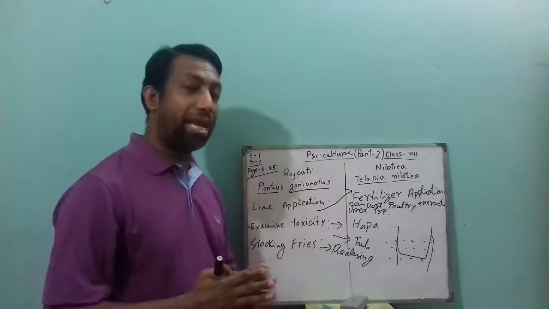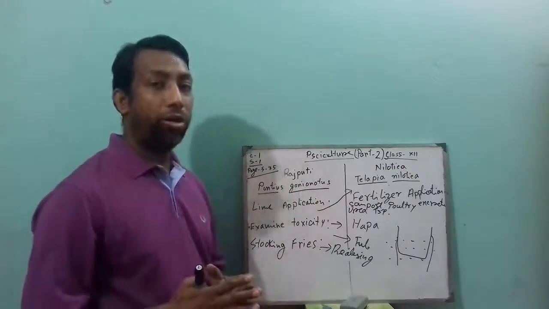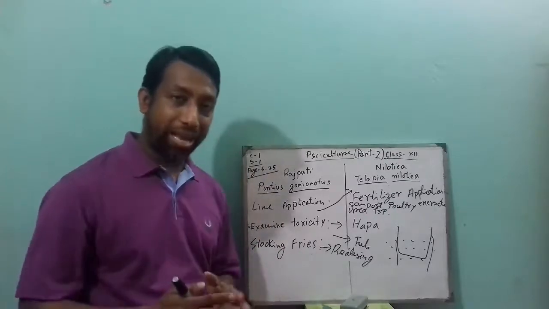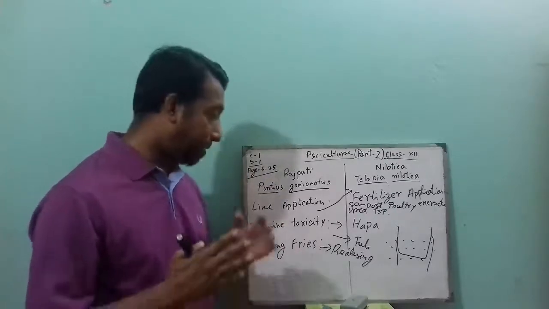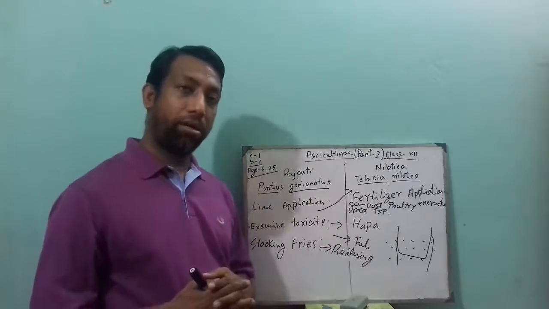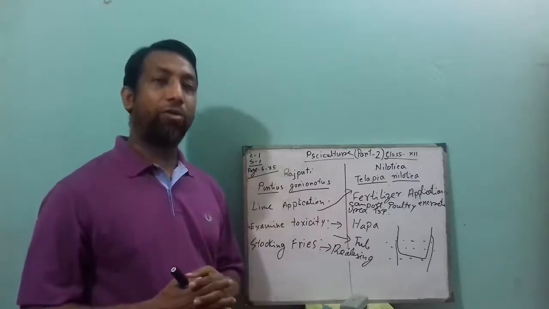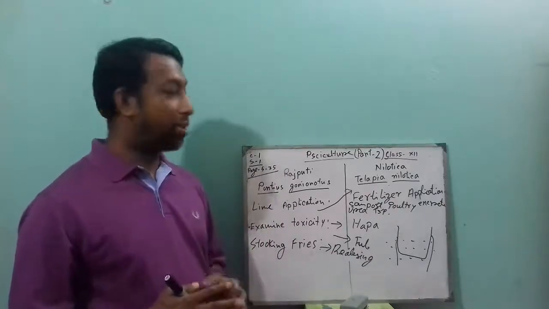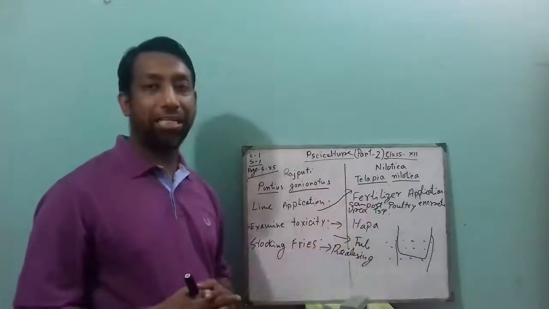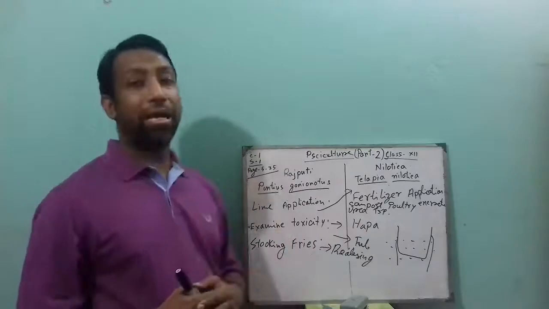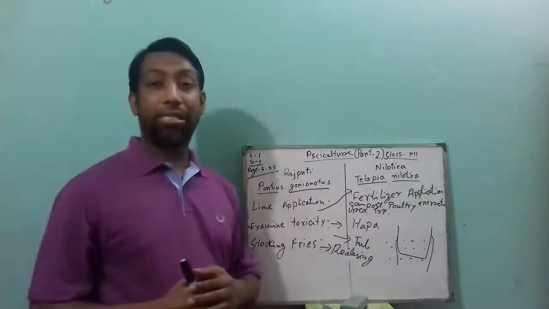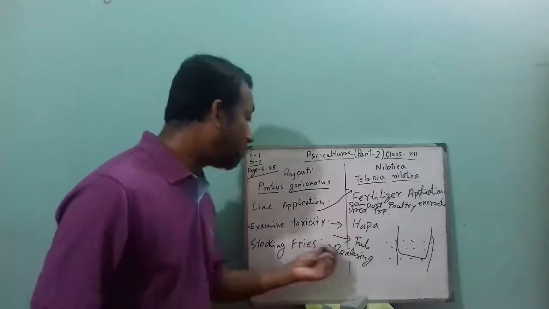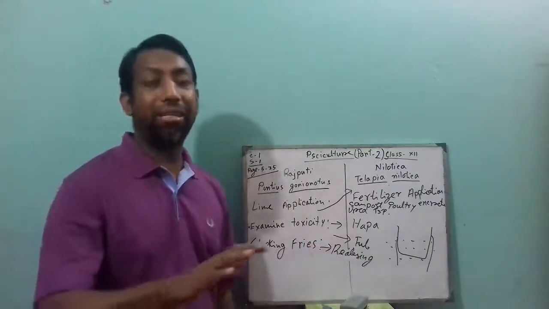When you prepare the pond, you kill or remove all the voracious fish, wild animals, and aquatic weeds. After that you apply lime, then you apply fertilizer, then you examine the toxicity, and then you are ready to release or stock the fries in the pond.